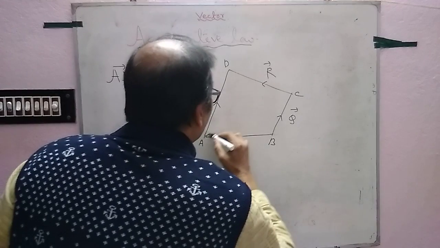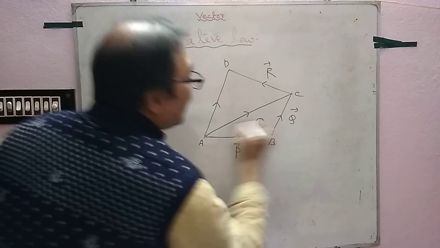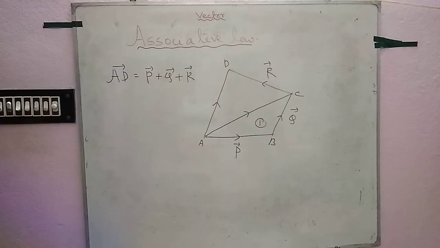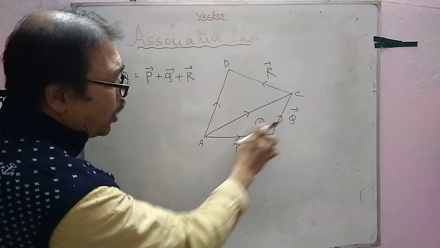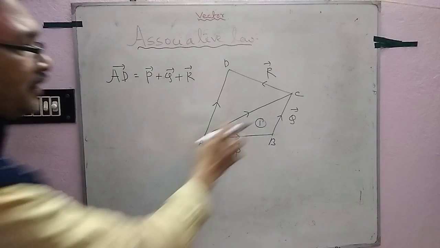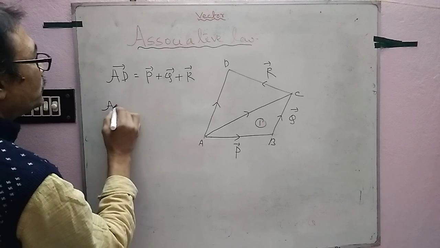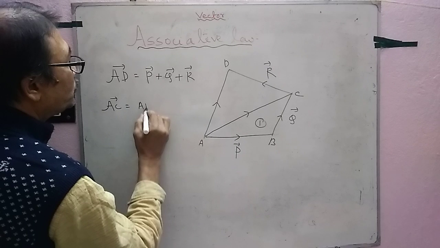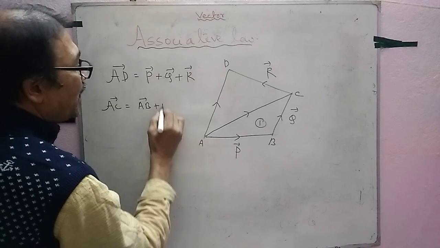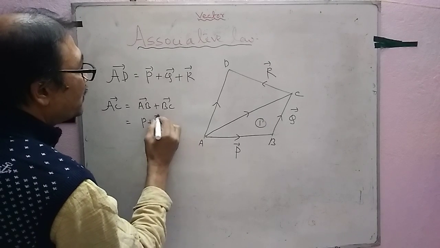Okay. Now draw the AC diagonal. From this triangle 1, with the help of the triangular law of vector addition, we get AC equal to AB plus BC, so P plus Q. Clear?